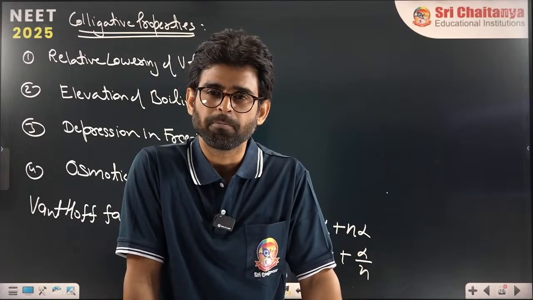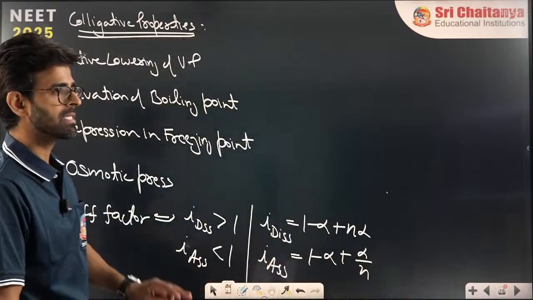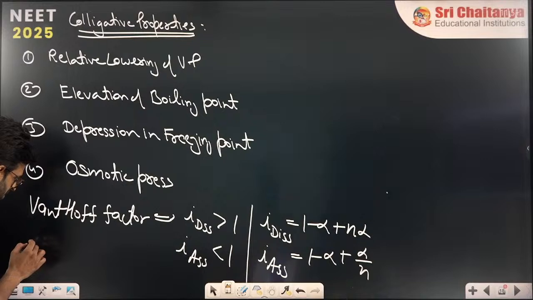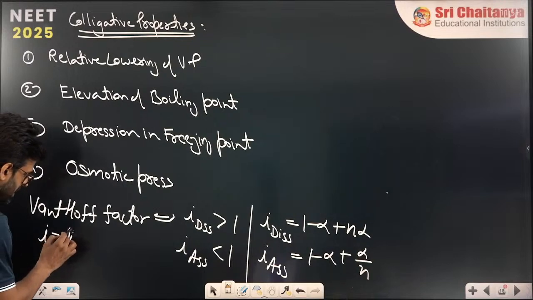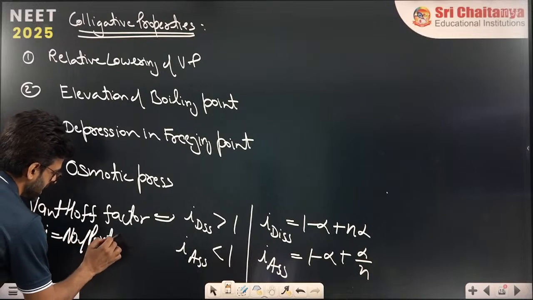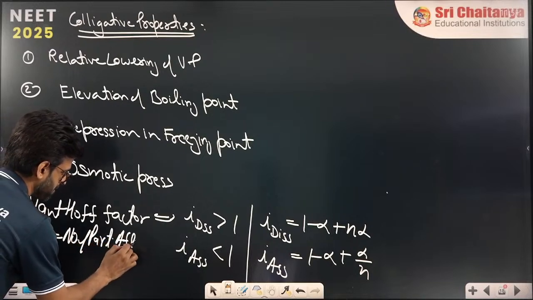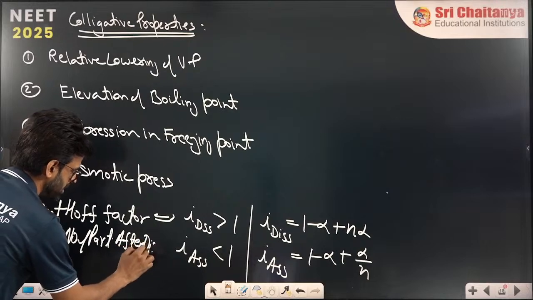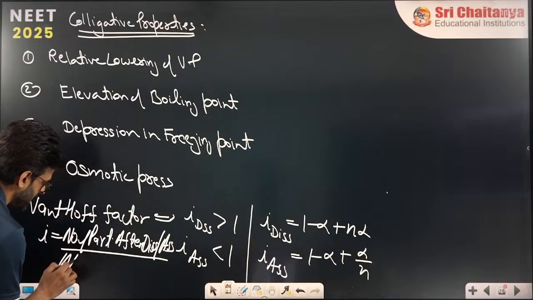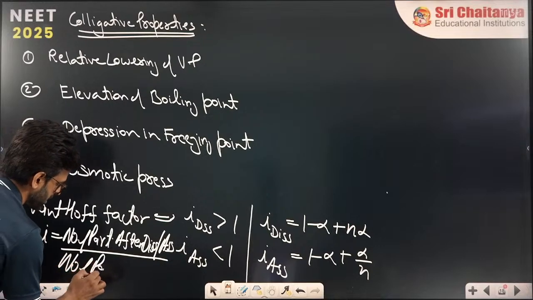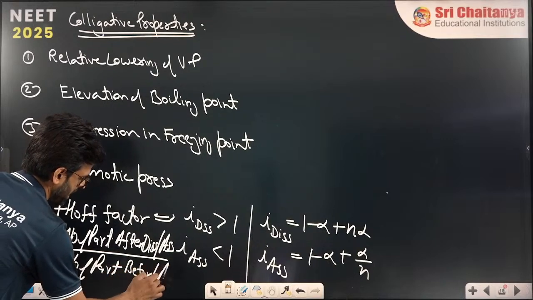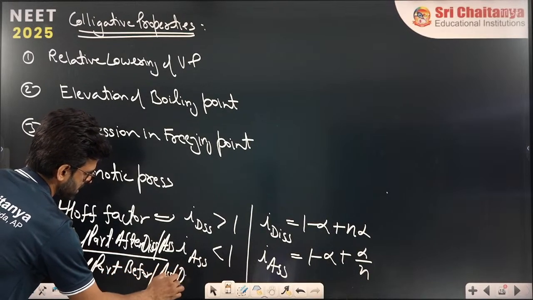Like CaCl2 gives 3 particles, so i is 3. So i is the number of particles after dissociation or association divided by the number of particles before association or dissociation, right?